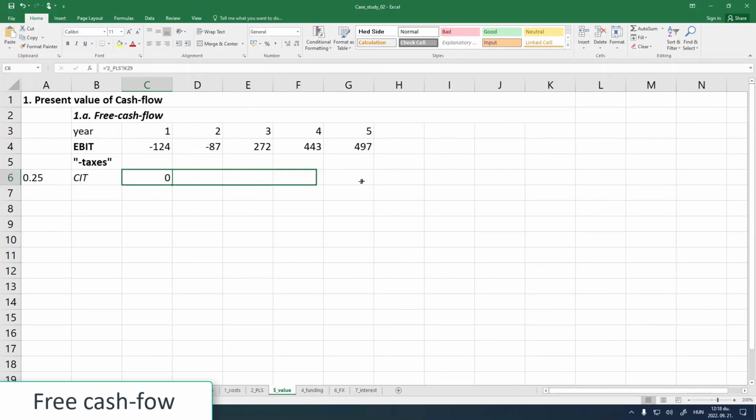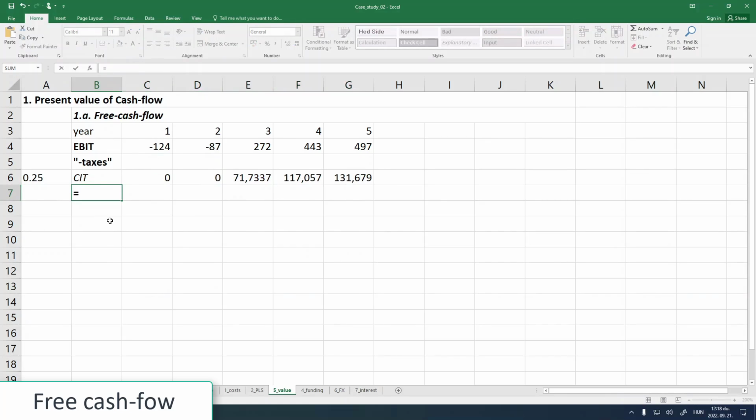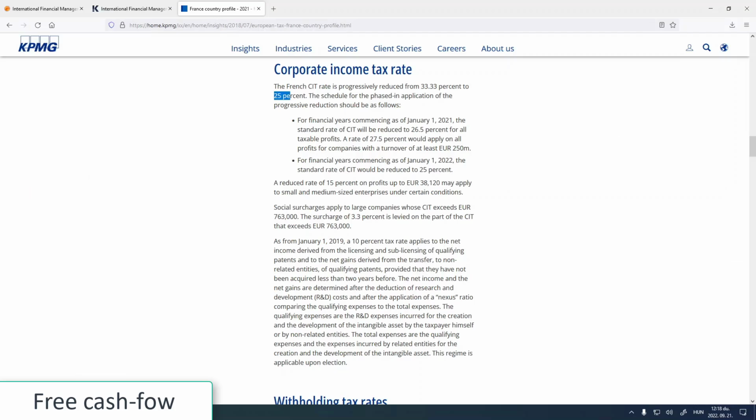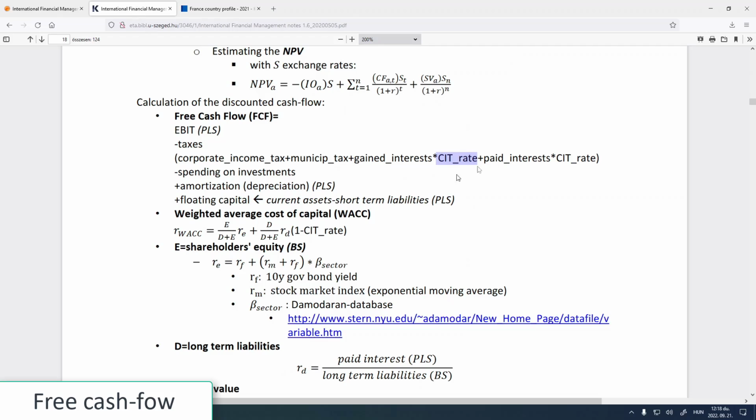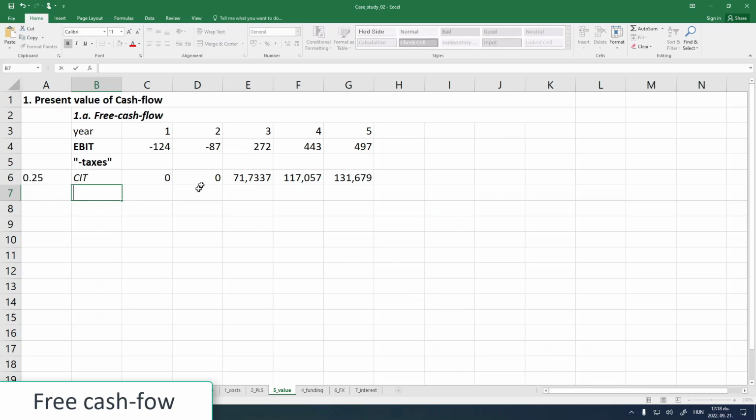There are reasons why I'm not teaching taxation. So, okay, that was this part, but after that we still have to add gain interest multiplied with the CIT rate and paid interest multiplied with the CIT rate. So let's copy these names.